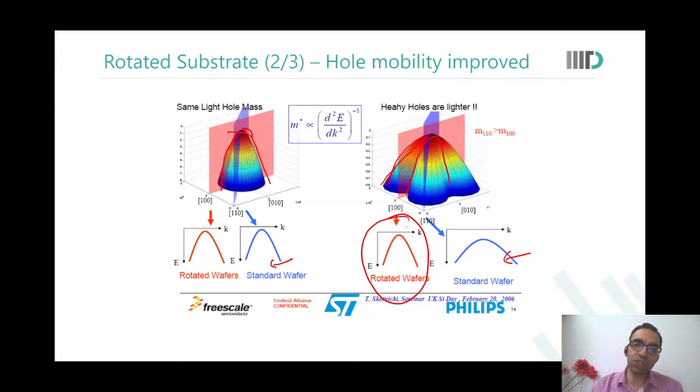The P/N ratio, which was traditionally kept between 2.5 and 3, from this technology onwards, which was, I think, 65 nanometer onwards, hole mobility was significantly improved, and you could have a P/N ratio closer to 2. Hole mobility was still worse than electron mobility, but it significantly improved just because you rotated the wafer.